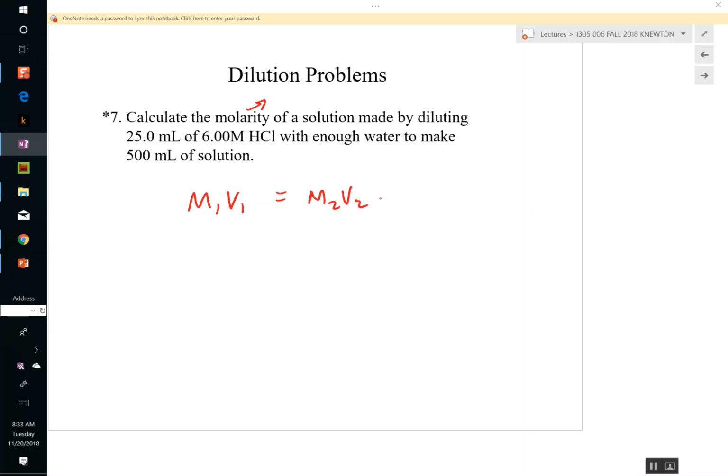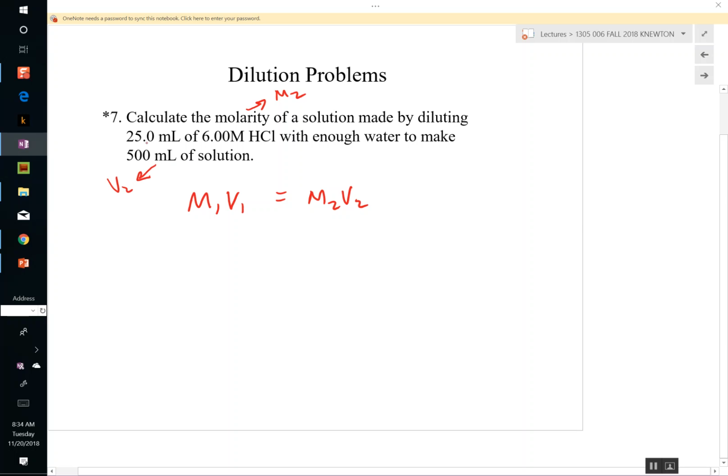Which one? Oh, the second one, M2. Made by diluting 25 milliliters of 6 molar HCl with enough water to make 500 milliliters of solution. So this 500 milliliters is V1 or V2? V2.